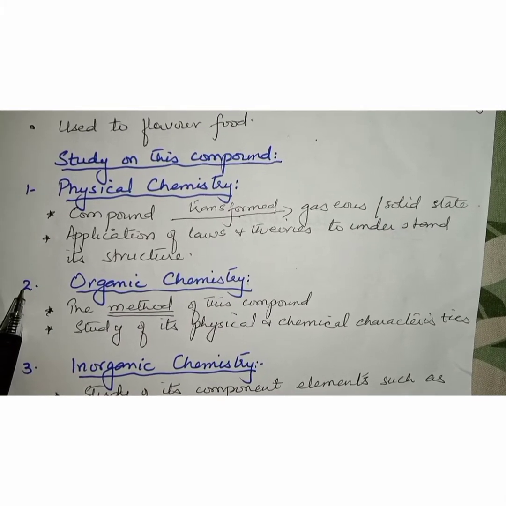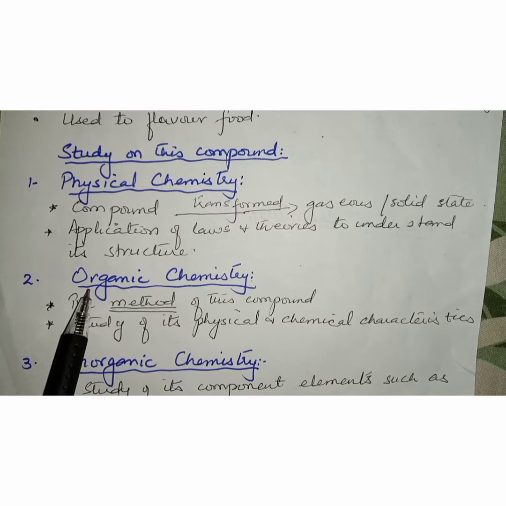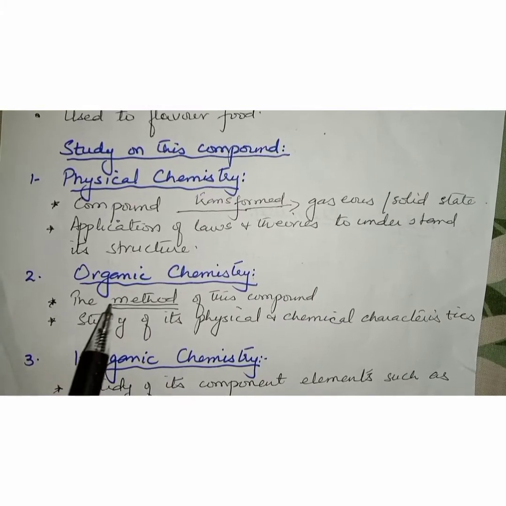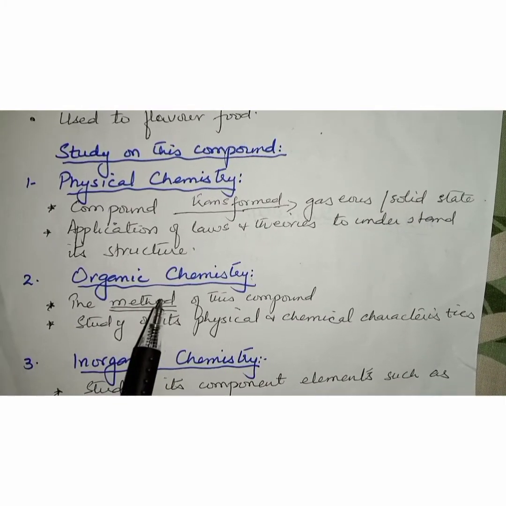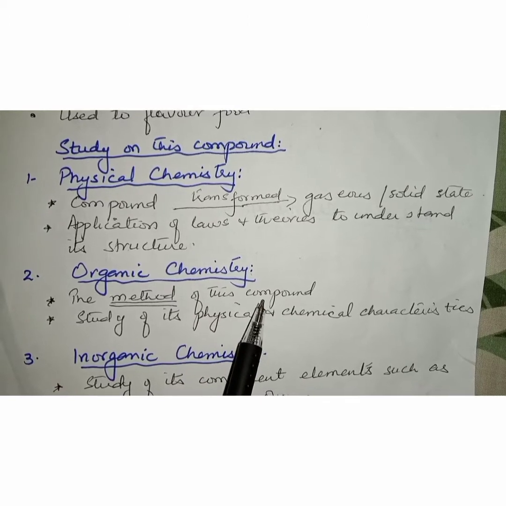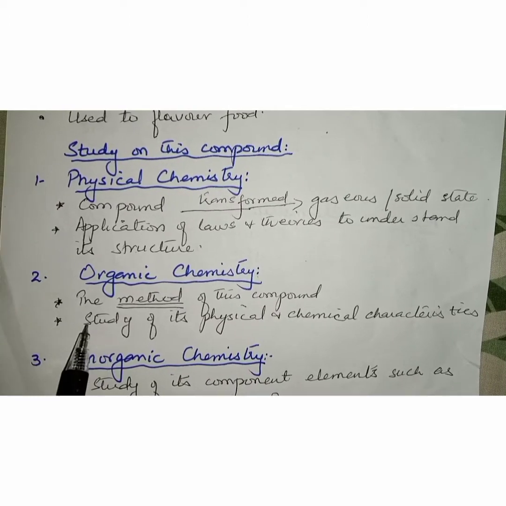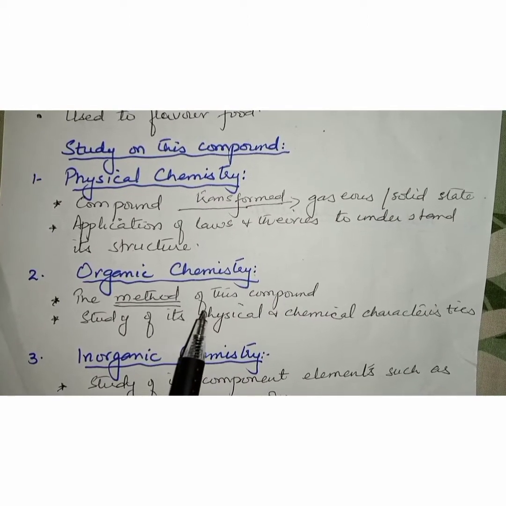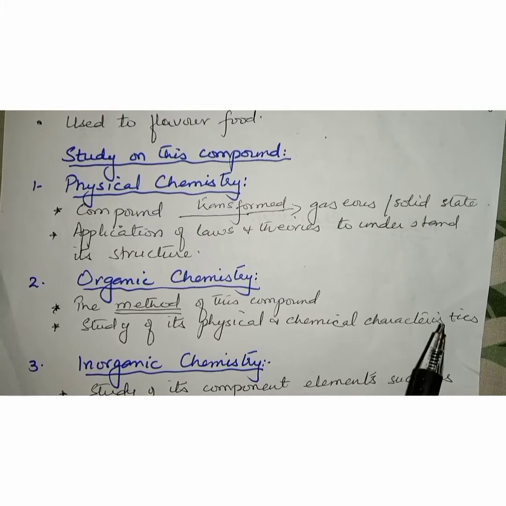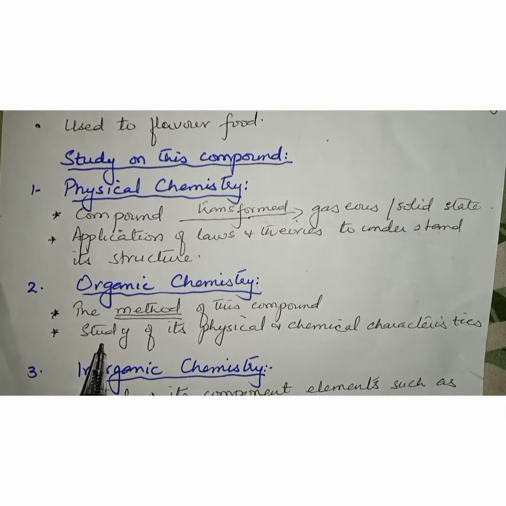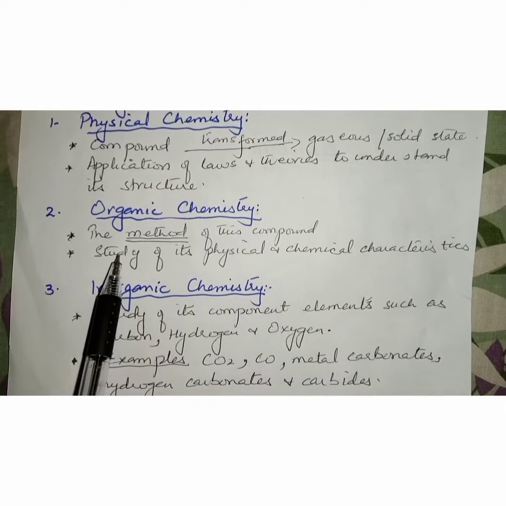The second branch of chemistry is organic chemistry. The method of preparation of this compound and study of its physical and chemical characteristics is called organic chemistry.